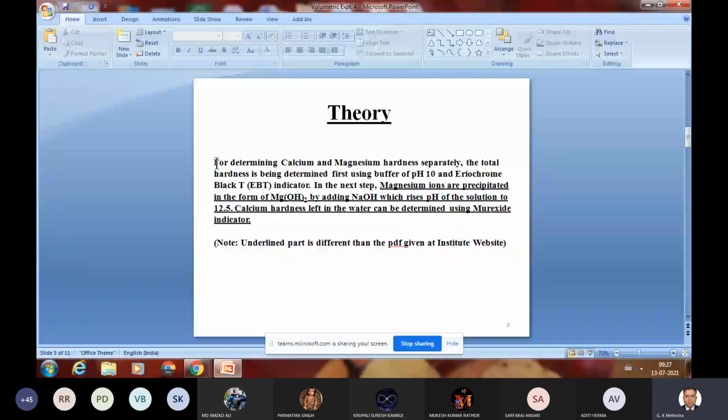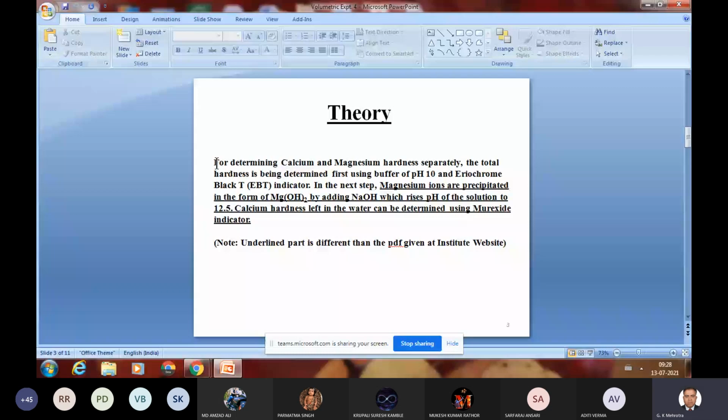In complexometric titrations, the titration of metals with polydentate ligands is exceptionally useful in comparison to monodentate ligands due to the formation of stable ring structure complexes with the metal ions. Ethylene diamine tetraacetic acid. I'm again repeating the name.